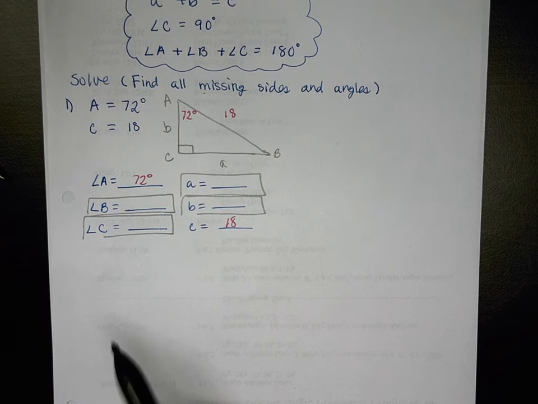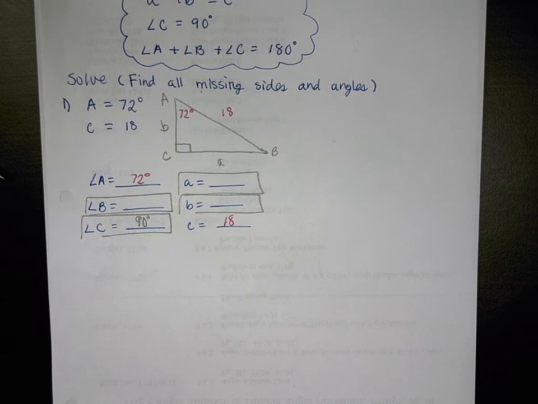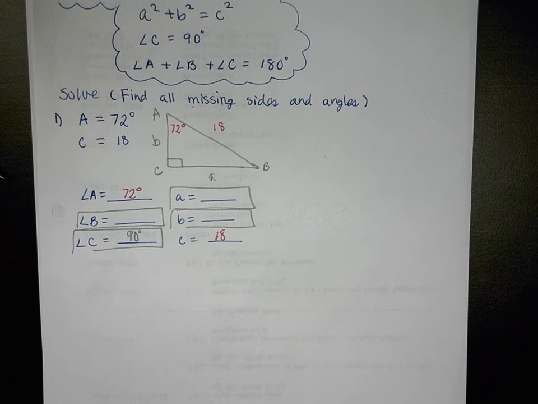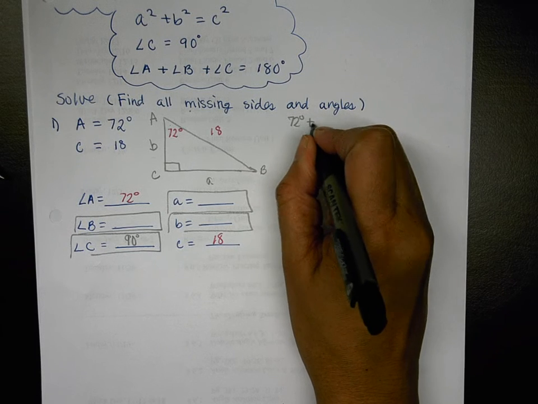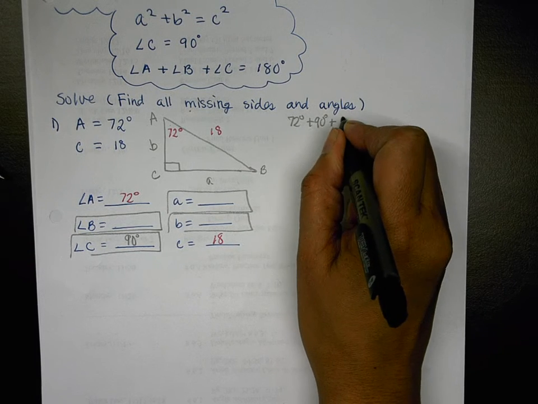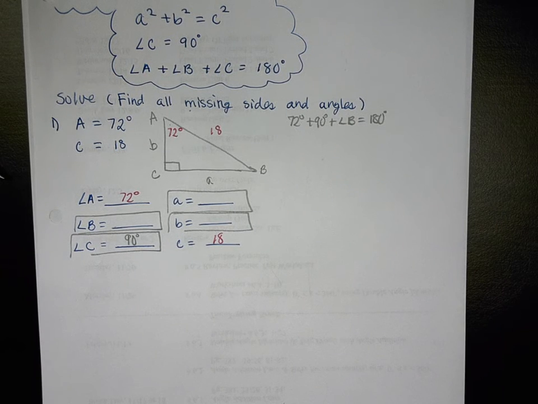Okay. Angle C should be super easy. What is the measure of angle C? 90. All right. Now, angle B, because we know the sum of the interior angles is 180, can we also find angle B? Yes. We know that 72 degrees plus 90 degrees plus angle B equals 180 degrees. Go ahead and solve that now.